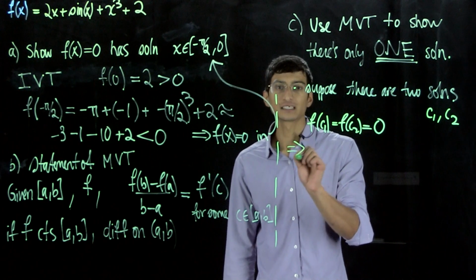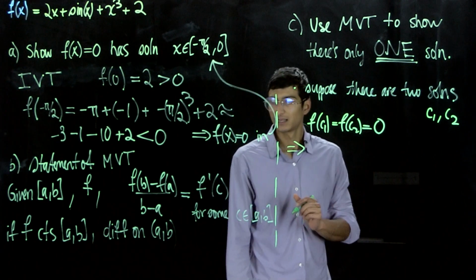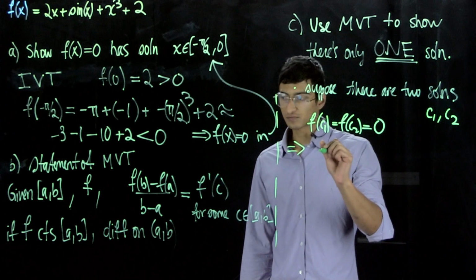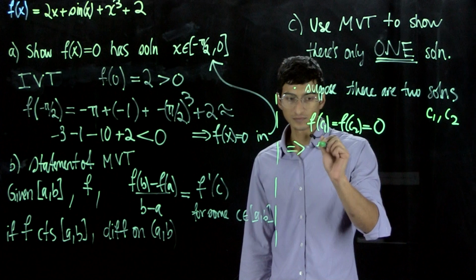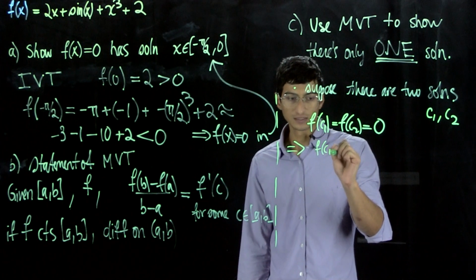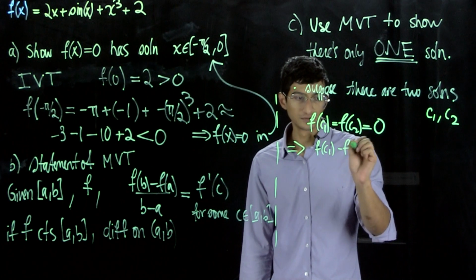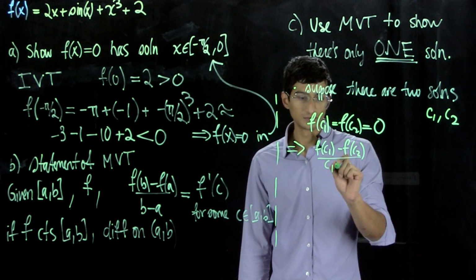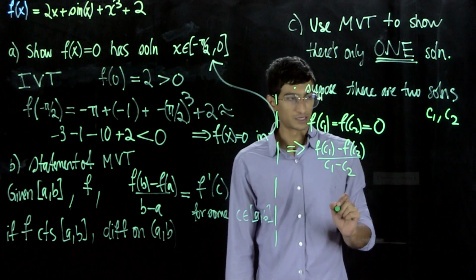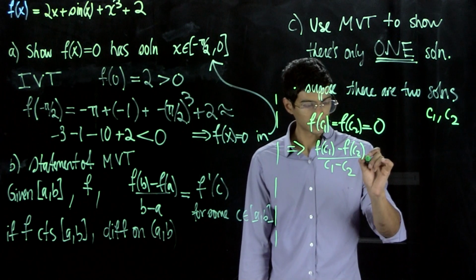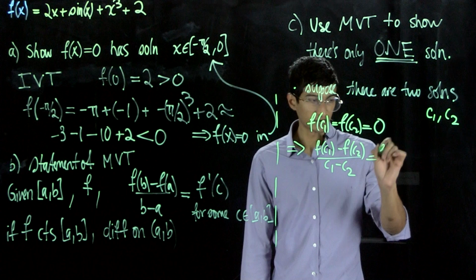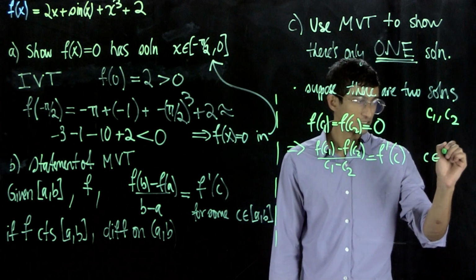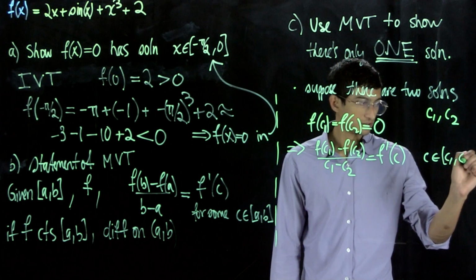So this implies that f of C1 minus f of C2 over C1 minus C2 is equal to f prime of some c for c inside C1, C2.